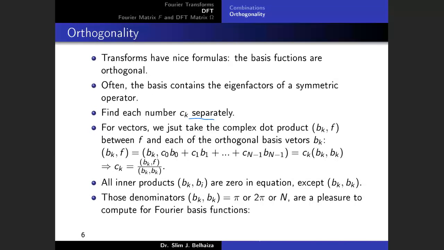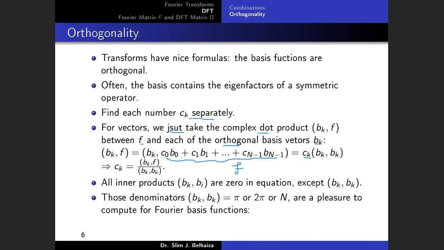So for vectors, we just take the complex dot product between f and each of the orthogonal basis vectors bk. So we may write bk dot f as bk dot (c0 b0 plus c1 b1 up to c n minus 1 b n minus 1). This is just f, okay? And we can write it as the dot product ck bar times bk.